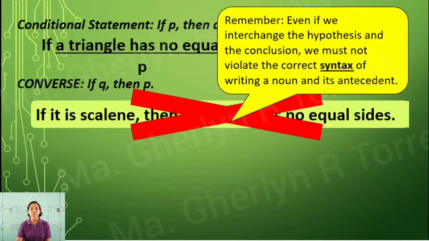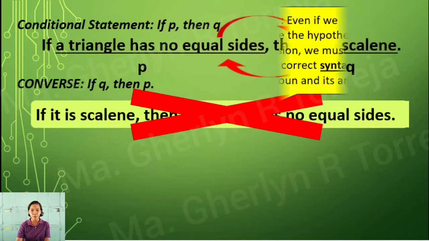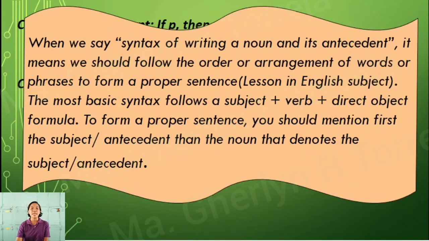Even if we interchange the hypothesis and the conclusion, we must not violate the correct syntax of writing a noun and its antecedent. Ano po ba ang syntax of writing a noun and its antecedent? When we say syntax, it means we should follow the order or arrangement of words or phrases to form a proper sentence.